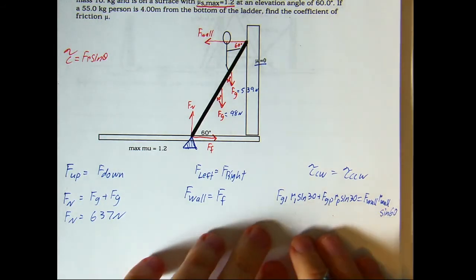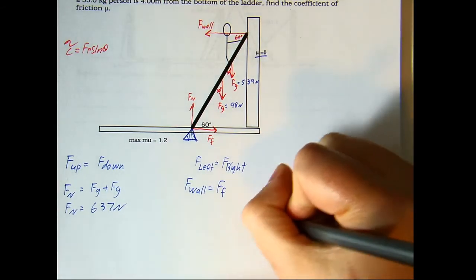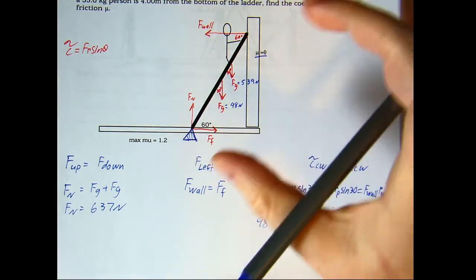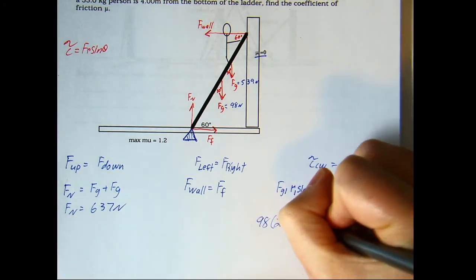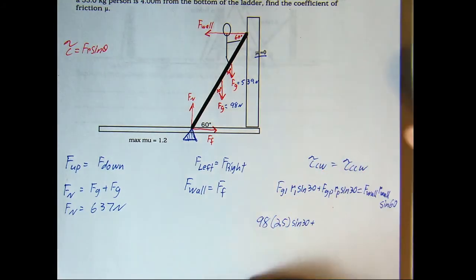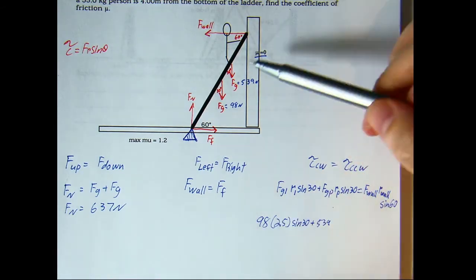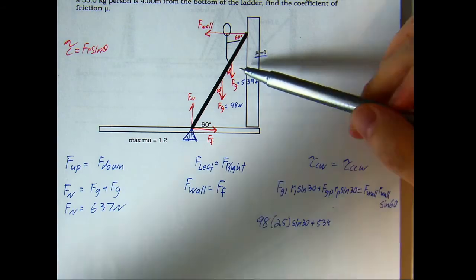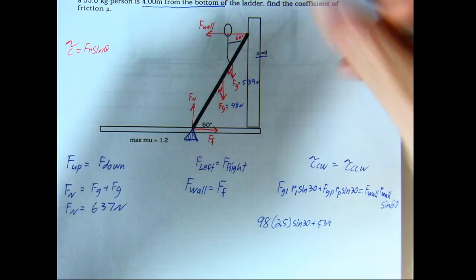So I'm going to slide down and over here a little bit and put some values in. I'm going to get 98. Our total ladder is 5 meters long, so 98 times 2.5 times sine 30 plus 539. The person we're told is 4 meters from the bottom. This is important because sometimes it'll say 2 meters from the top.